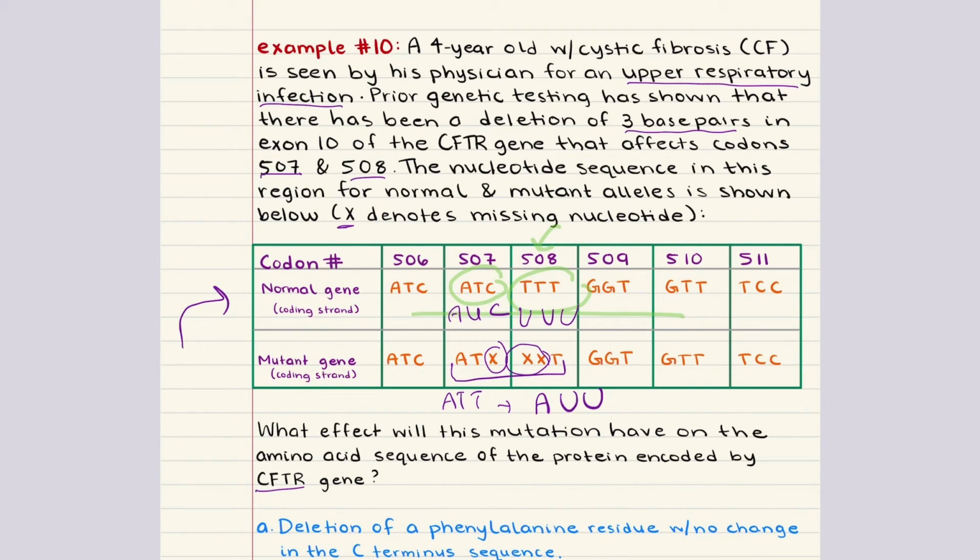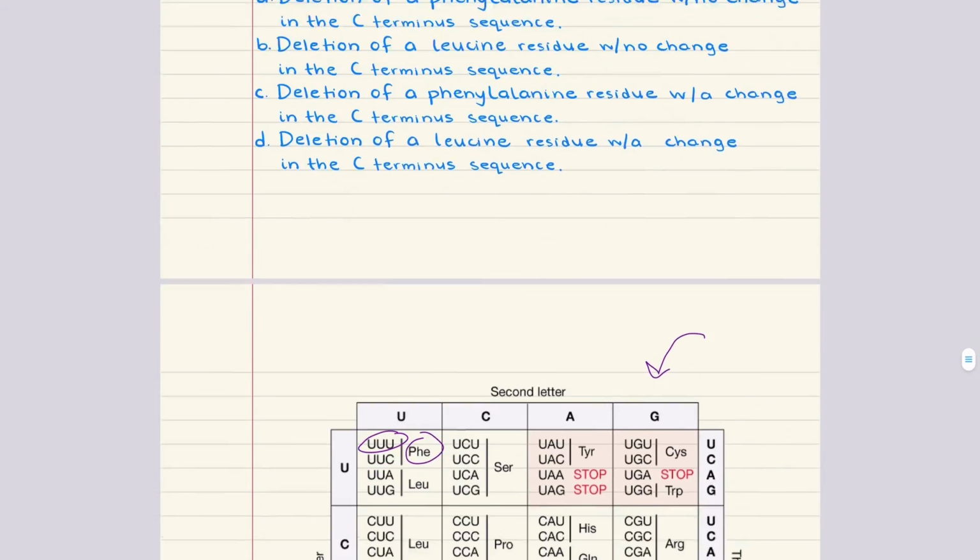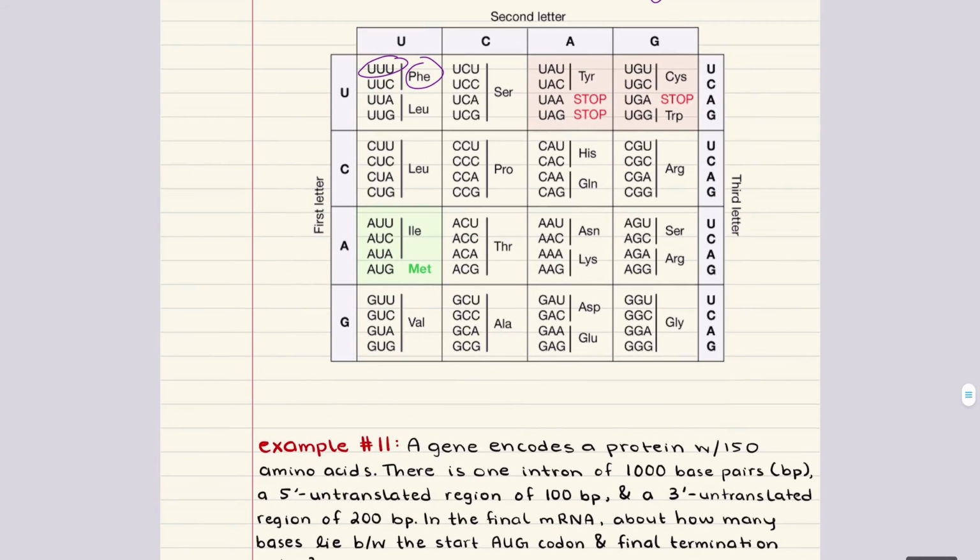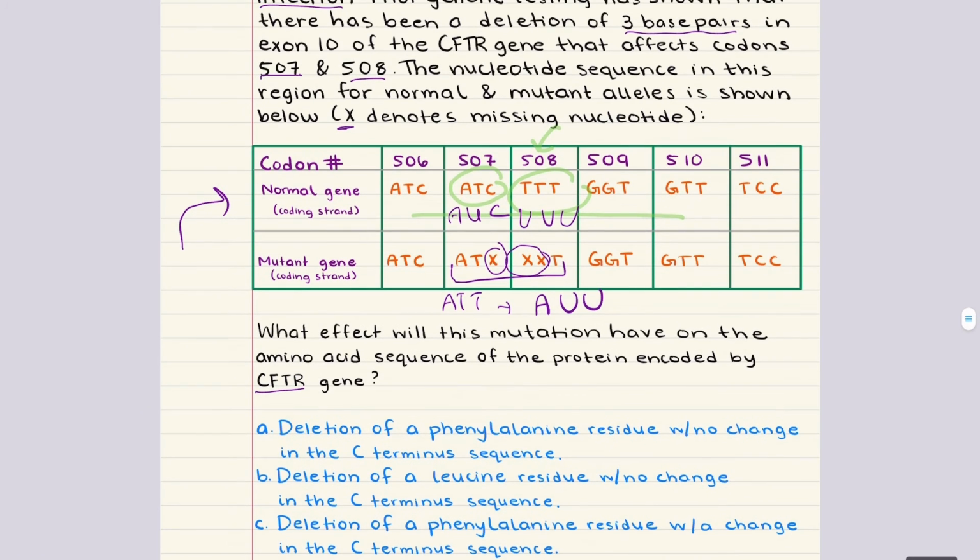That still codes for isoleucine. So if we go to our table right here, isoleucine is right here. So AUU and AUC both code for isoleucine. That does not change. And that's really cool because of that wobble position. So even though the codon has changed slightly, the amino acid at that spot stays the same.